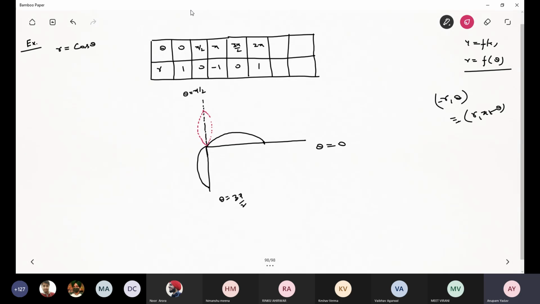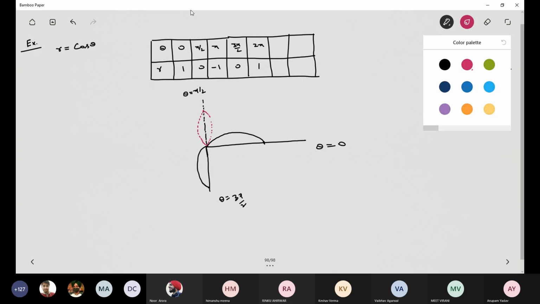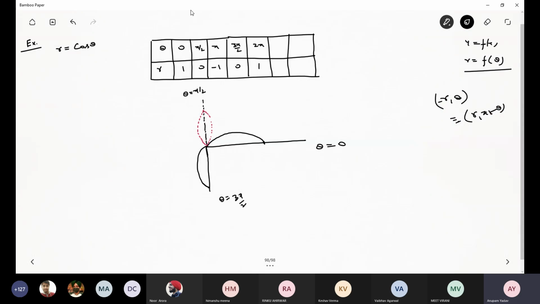And when it takes a shift of pi degree, instead of creating this structure here, in originality it will create a loop here, like this. So these pink dotted lines are those I have just drawn to get to know where exactly it will trace the curve. So far we have reached up to the point theta equals 3 pi by 2.